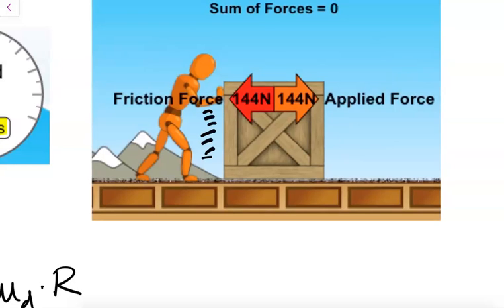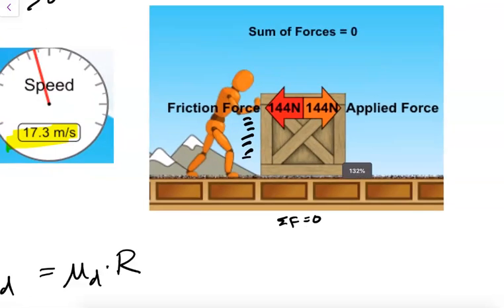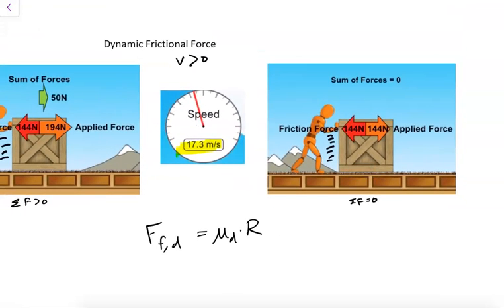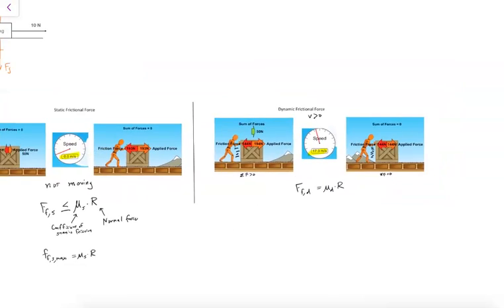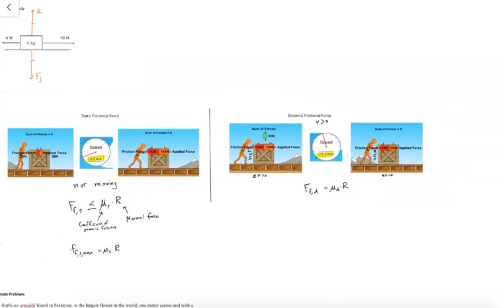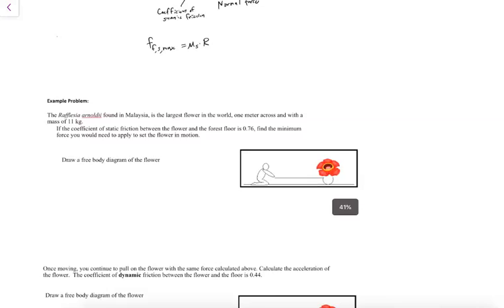While that one's moving, the net force is 0, but the velocity is still greater than 0, so we're still dealing with dynamic friction. So whenever an object is moving, we deal with dynamic friction, and that's the easy one. The static friction is dependent on the pushing force until it reaches the maximum point. So in order to make more sense of this, let's do some problems.